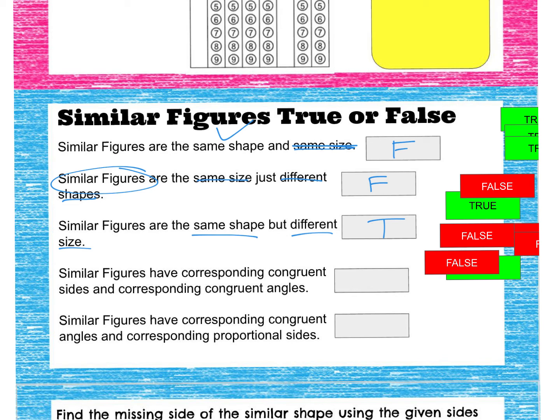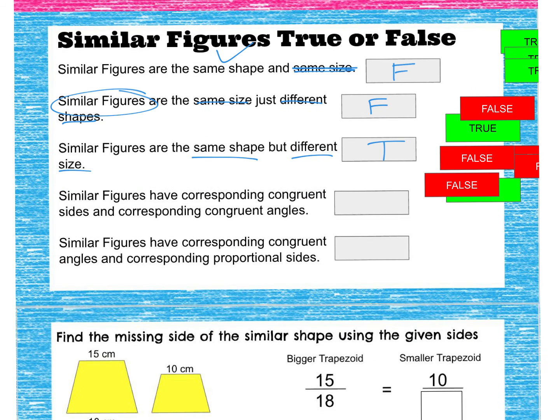All right, this one, I would say, when they mention congruent, that means they say it's equivalent. Okay, so let's see, is that correct or not? Similar figures have corresponding equal sides. Yes or no? It can't be equal sides, right?